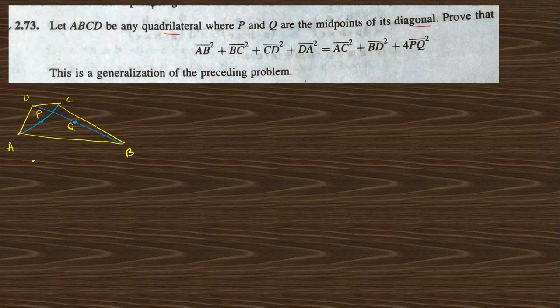Take the position vector of A as 0, the position vector of B is b, the position vector of C is c, and the position vector of D is d. So what is the position vector of P?